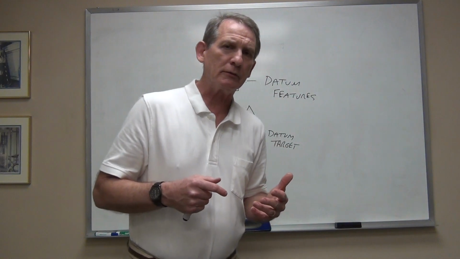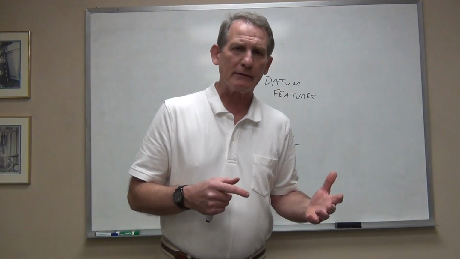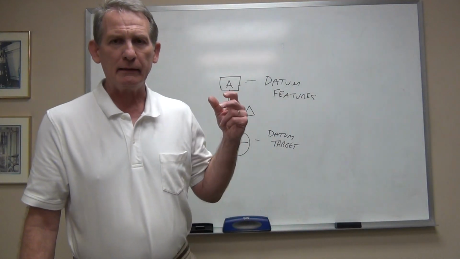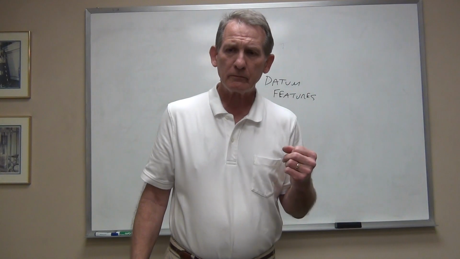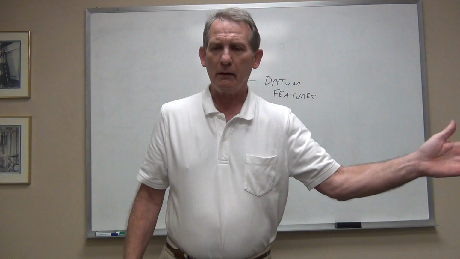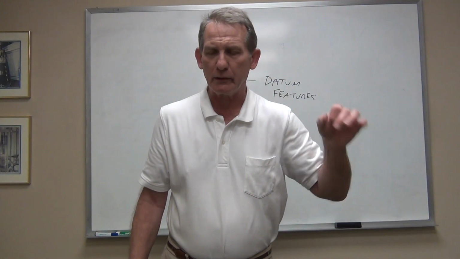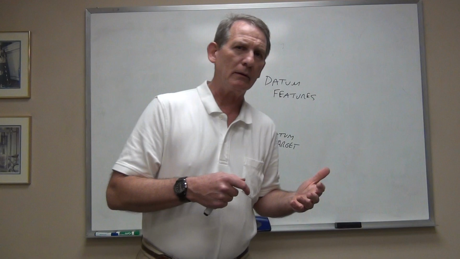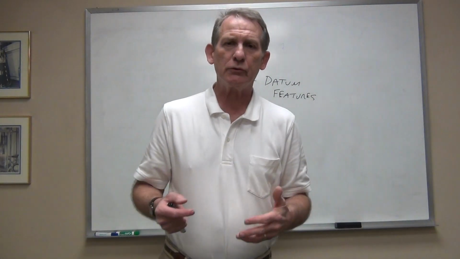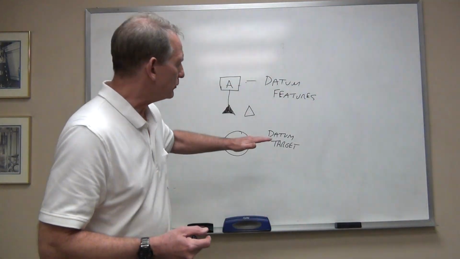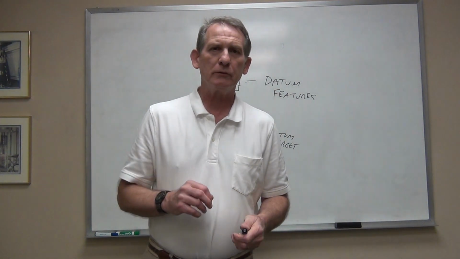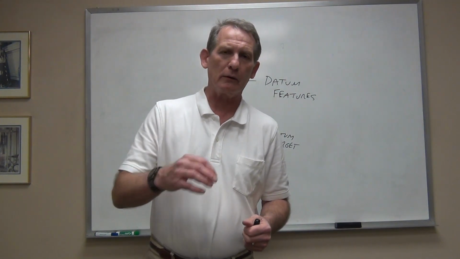Now there are instances where, as we're processing a part, we might actually drill an extra hole as a datum location, and then in subsequent processing we may cut that hole out, or we may drill it out and tap it. In some instances where datum features are used and then modified, we should properly identify them as datum targets. In other words, the datum should remain on the part throughout its processing.